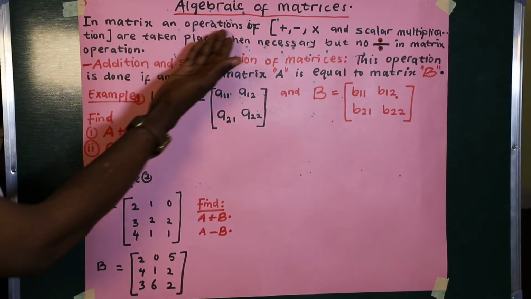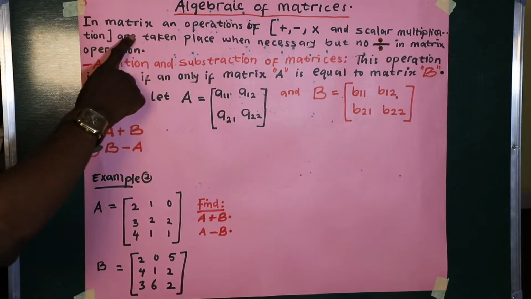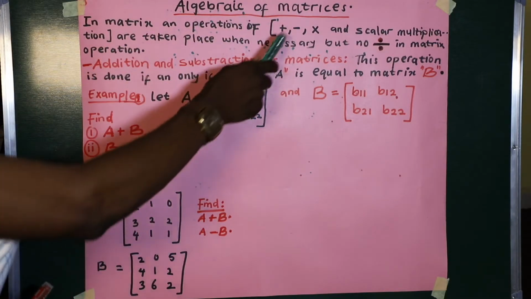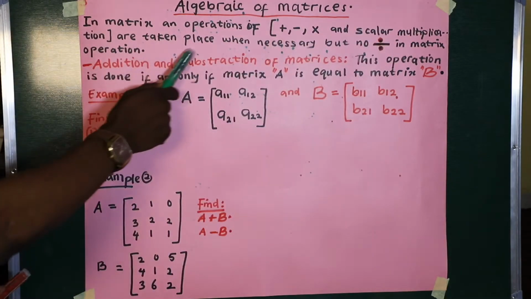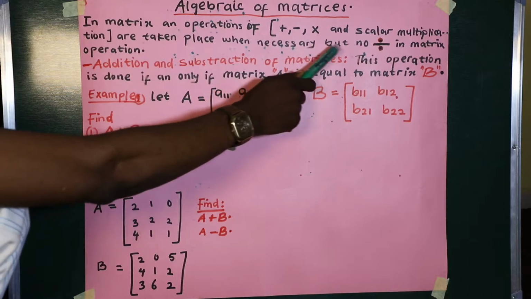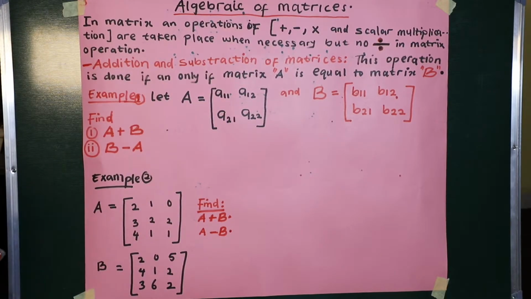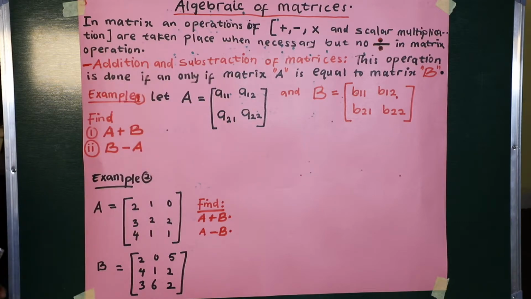So let's discuss the algebra of matrices. In matrices, the operations of addition, subtraction, multiplication, and scalar multiplication take place when necessary, but there is no division in matrix operations. Let's discuss the first one, addition and subtraction of matrices.